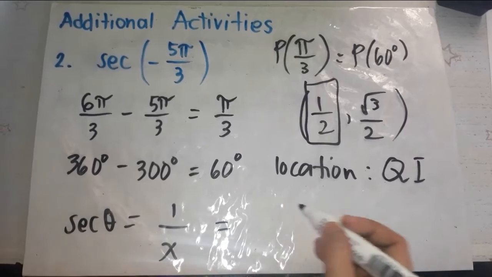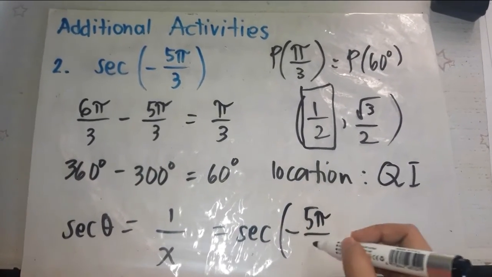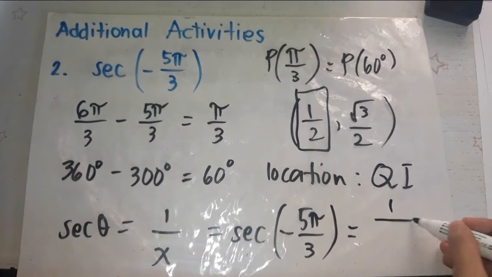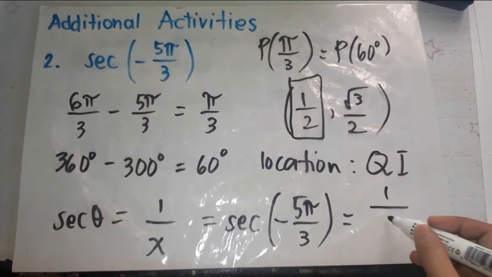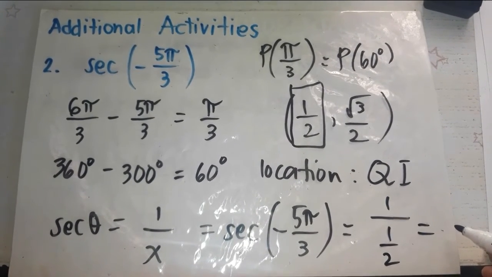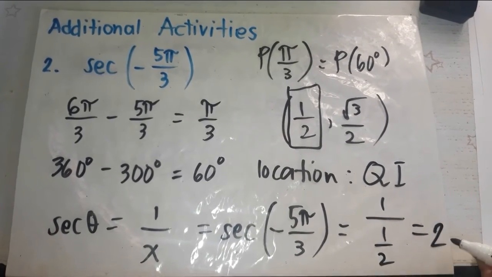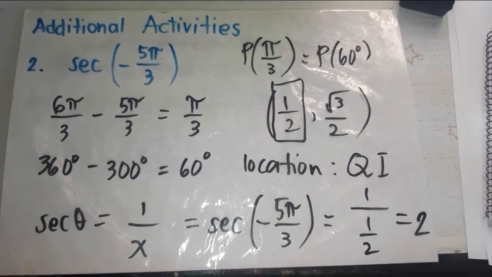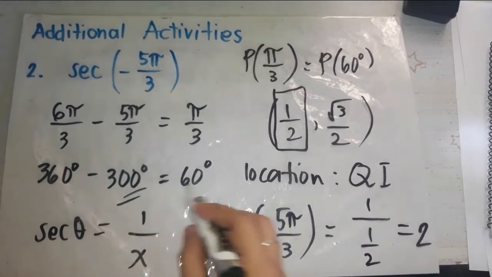So we substitute secant of negative 5 pi over 3 or negative 300 degrees is equal to 1 divided by the x coordinate, 1/2. 1 divided by 1/2 is, how many 1/2 do we have in 1? There are 2, right? So 1 divided by 1/2 is 2. Secant of negative 5 pi over 3 or secant of 300 degrees is equal to 2.